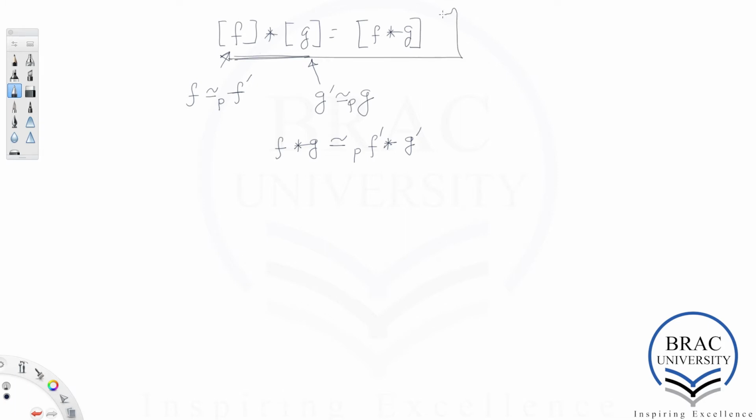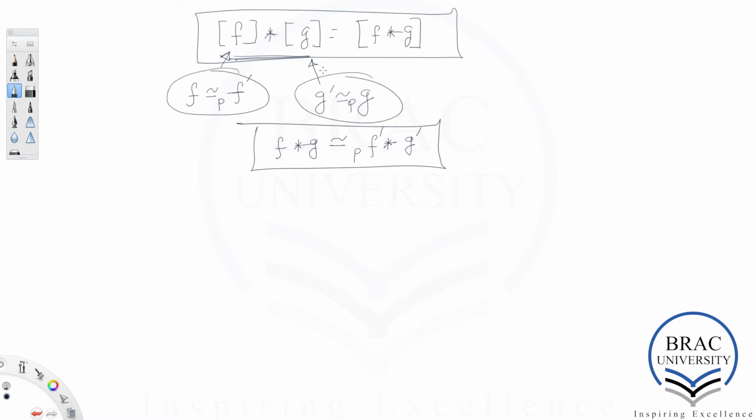Okay, the star product that is induced on the equivalence classes is well defined. So this is all we need to check, given these two path homotopies. Since f is path homotopic to f prime, there is a path homotopy.